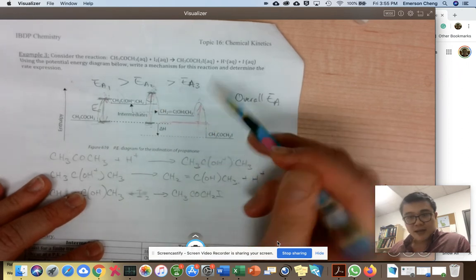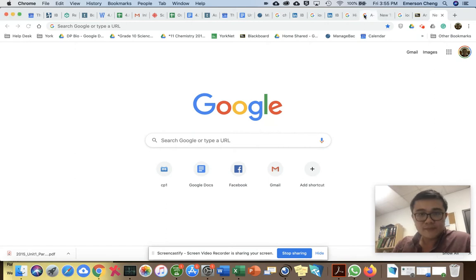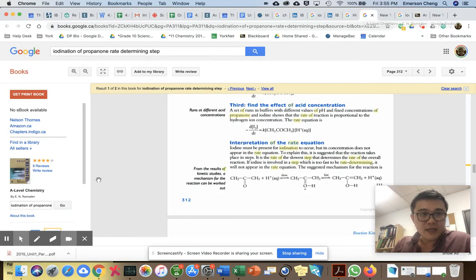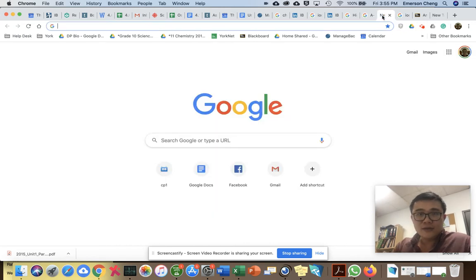I also looked this up, and this Nelson A-level chemistry book supports the same conclusion: the first step here is the slowest, and then the second step is the fastest.